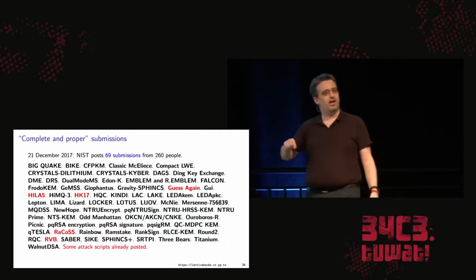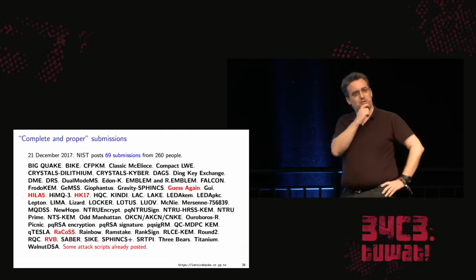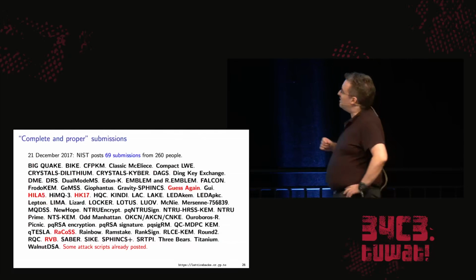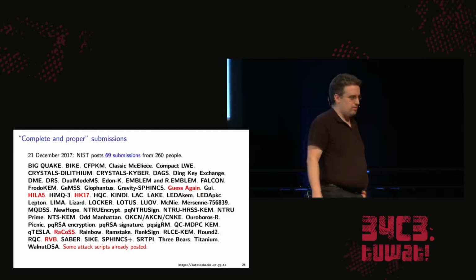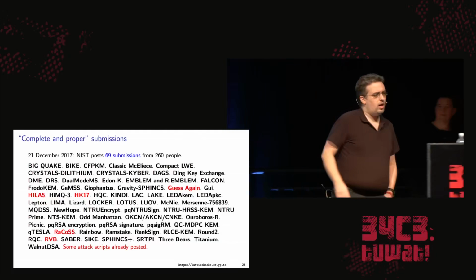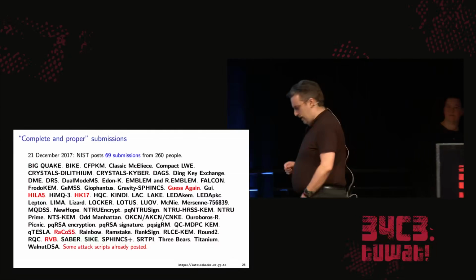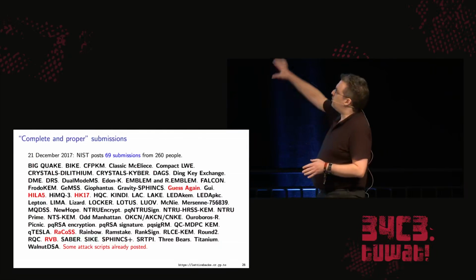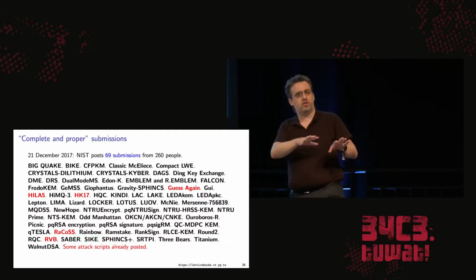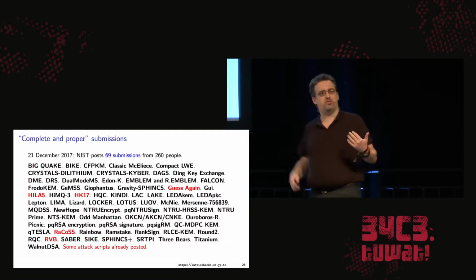RVB, another one there, also broken by somebody named Lawrence Penny. And then, okay, HK17, that's one that Tanya and I put up a script that breaks. The three that I mentioned before, HK17, RVB, Guess Again, are other submissions, and they're maybe not things that have been studied so much.